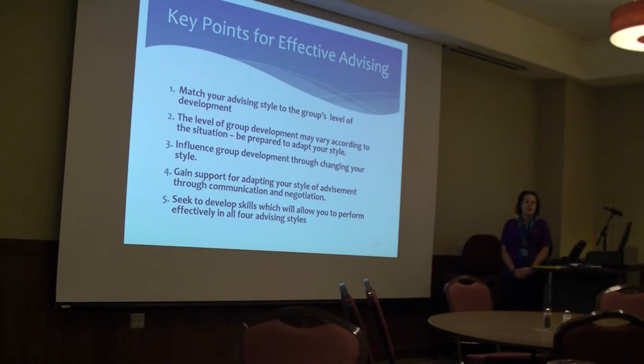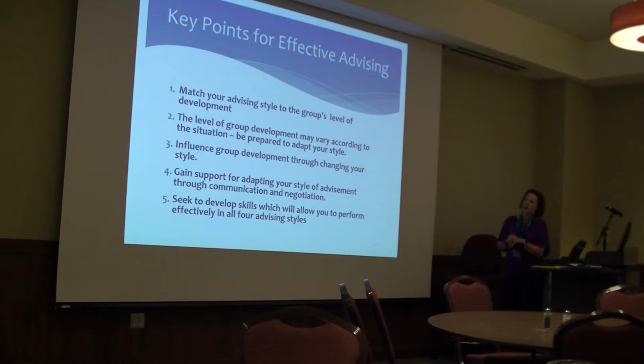Make sure, a piece that we learned in grad school, all of us that are in student affairs, is a challenge and support model. So you want to challenge them while still supporting them, pushing them a little bit so that they are developing, but you're there to catch them, so it doesn't become a complete disaster and then we lose all confidence.